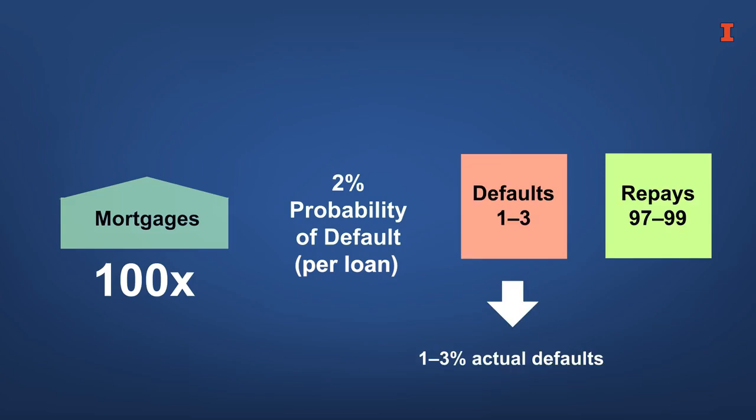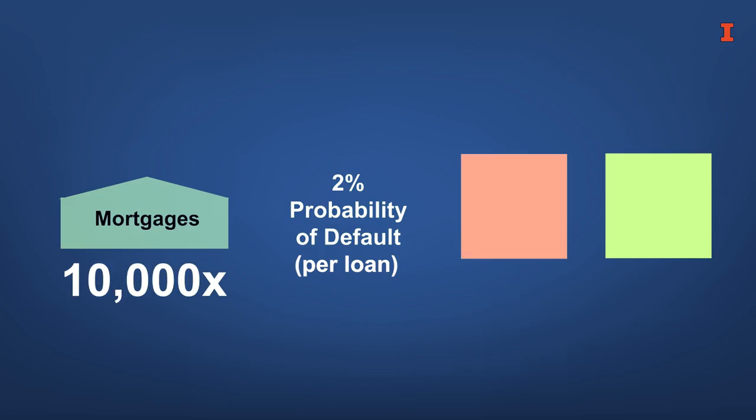You expect 2 out of 100 to not repay. In reality, with 100 loans, you may find that 1 does not repay or 3 do not repay. But what is important here is that it isn't all or nothing. With 100 mortgages, there's less uncertainty than in the one loan example.